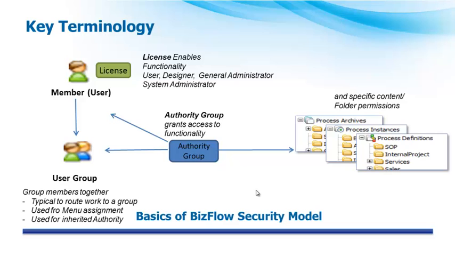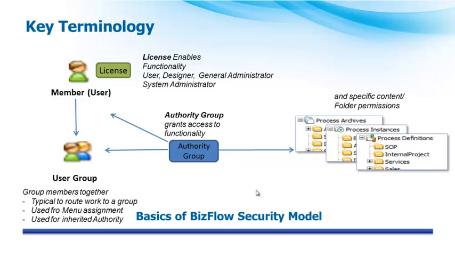And they're also used for menu assignment. So when I want to create a given view into BizFlow, and if you remember, in our case management system we have an AG manager, and they have a certain view or menu into BizFlow. So we put that user into that AG manager group, and we can associate menus and views to those groups.